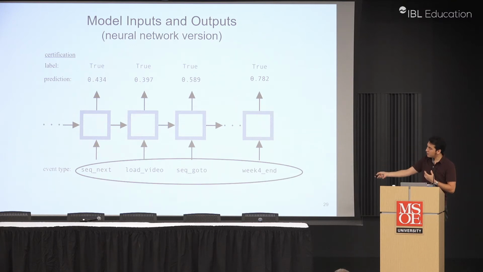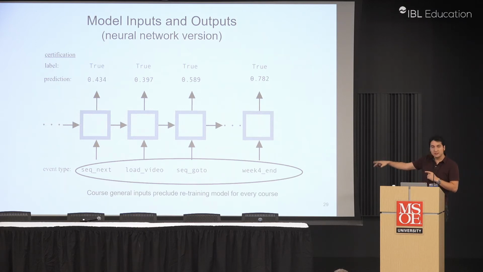And the inputs to the model is the learner's events, sequence of events, which is a simplified click stream. So sequence next is when they click the next button, loading a video, sequence go-tos when they click on that accordion view to specifically go to a particular vertical, and then let's say a time marker that week 4 endpoint has been reached.